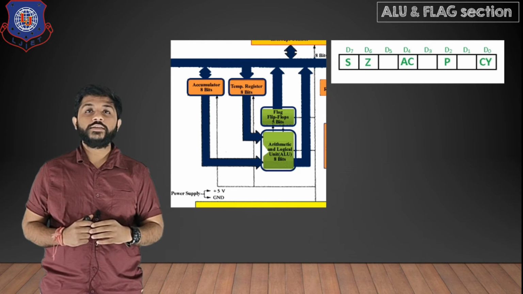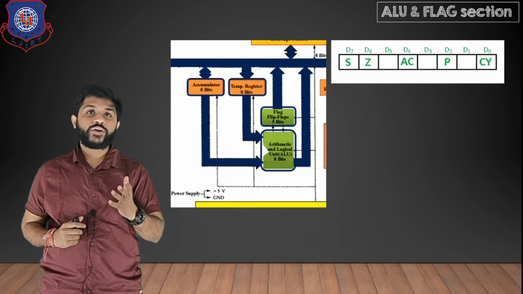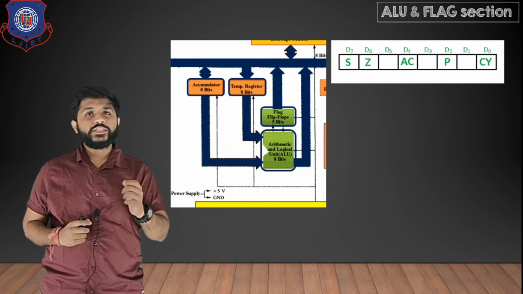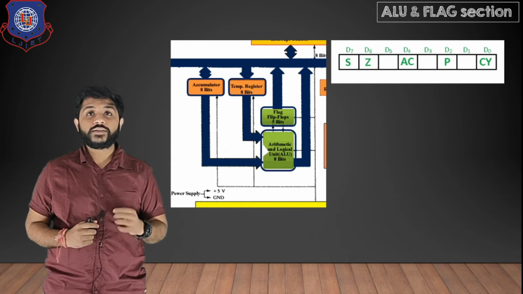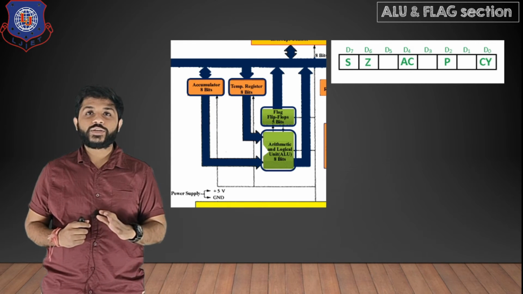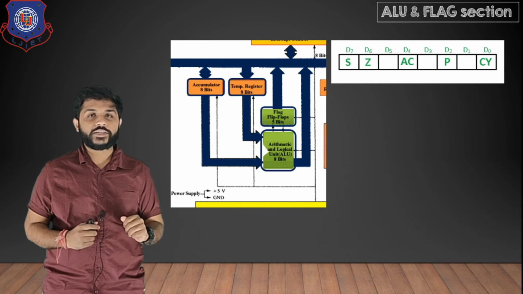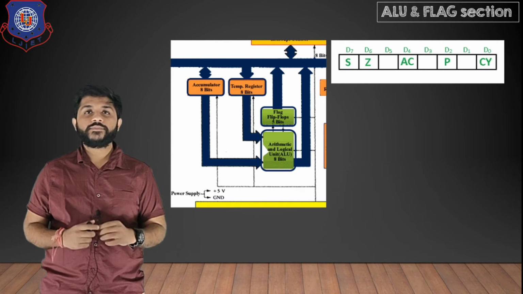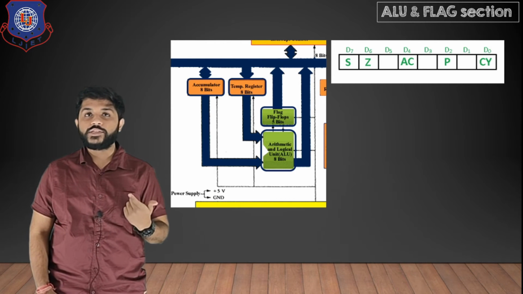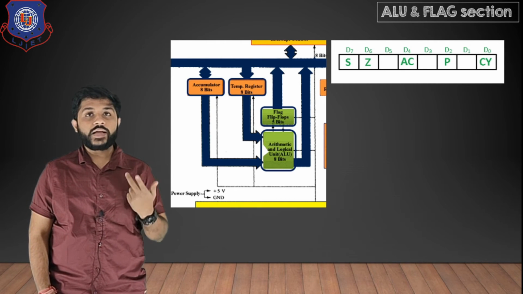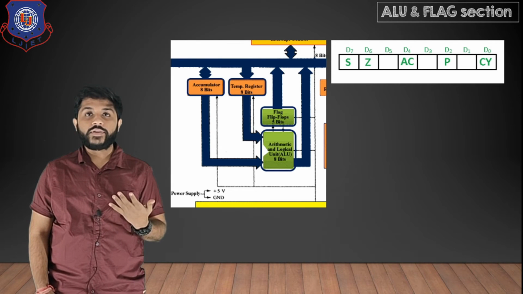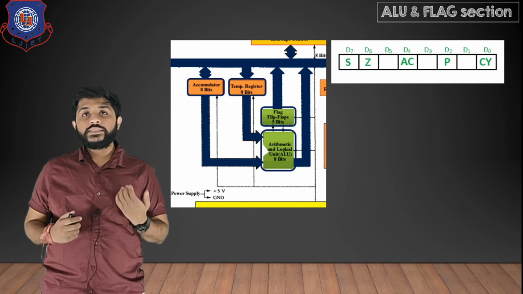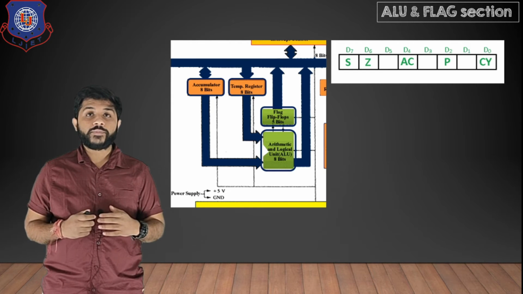As you can see, this is the pattern of the flag register. The size of the flag register is 8-bit, but a total of 8 flags are not present, only 5 flags are present. Which are these flags? There is a sign flag, then there is a zero flag, auxiliary carry flag, parity flag, and the carry flag.